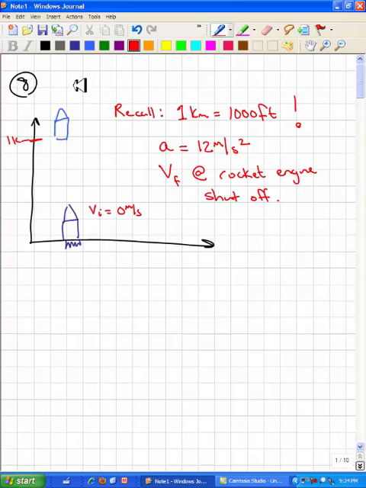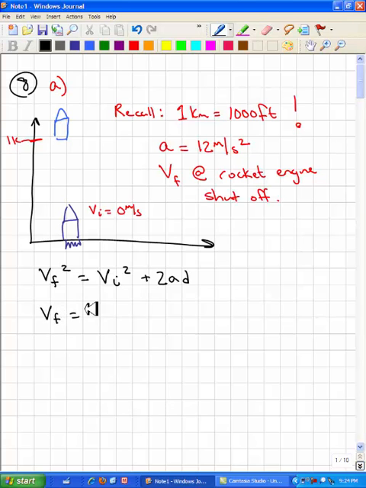So, this is part A. Let's remember the equations that we have. This one is the same equation for pretty much every part of this problem. So we have V final squared equals V initial squared plus 2AD. D we are given to be 1,000 feet. Acceleration is 12 meters per second squared. Initial velocity is 0.